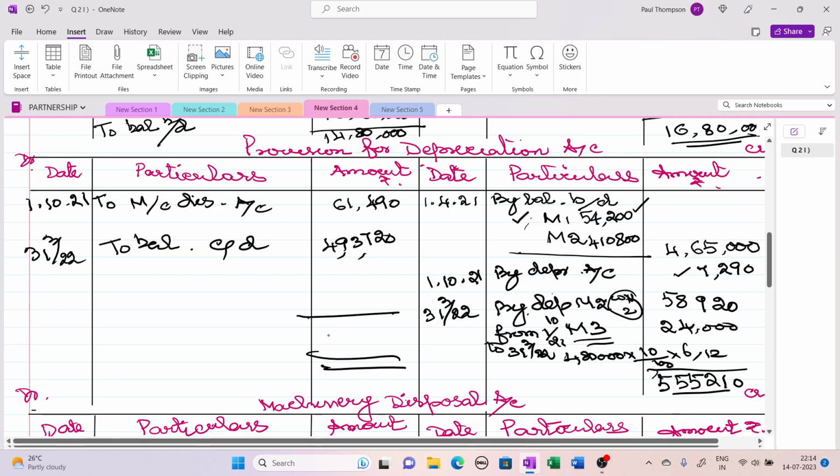So the total appears here as 555,210. Again you write here by balance brought down, because this will always have a credit balance. Provision will always have a credit balance. You write here 493,720. Like this we have completed all the 3 accounts.